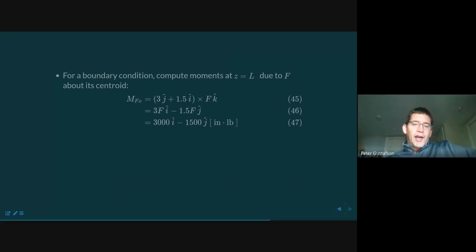So I and J can be crossed with K. You have to be attentive to the signs. So I cross K is equal to minus J, and J cross K is equal to positive I. And so what we get out of that cross product is 3F in the I direction minus 1.5F in the J direction.